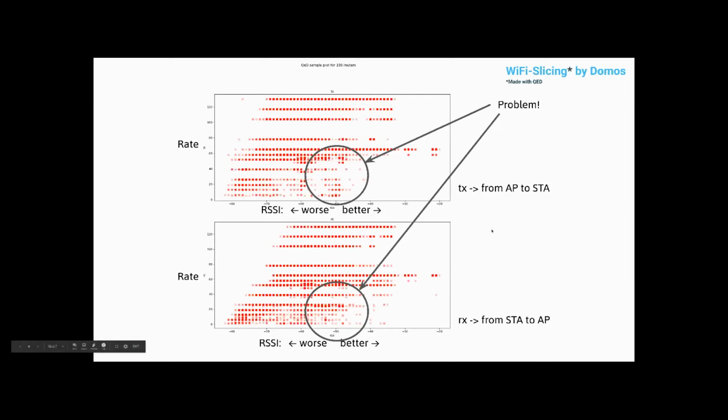So this is clearly a problem, because this causes some stations to use a lot of the available airtime on the radio, and that causes queuing, which then translates to latency and packet loss for all the users. So having identified this problem, we're able to design tests to diagnose it, and we can configure the network to minimize the impact and mitigate the problem.